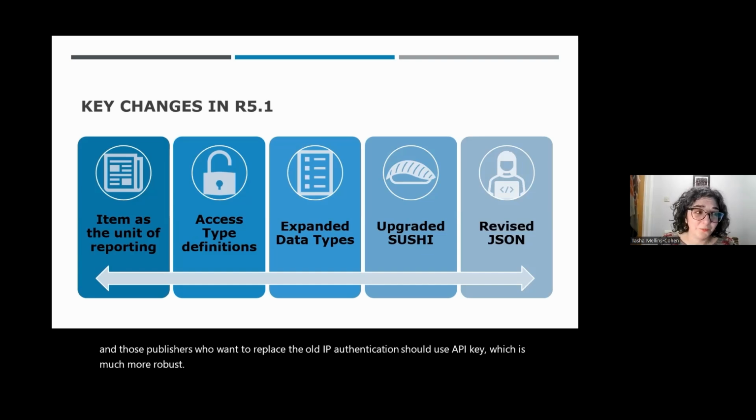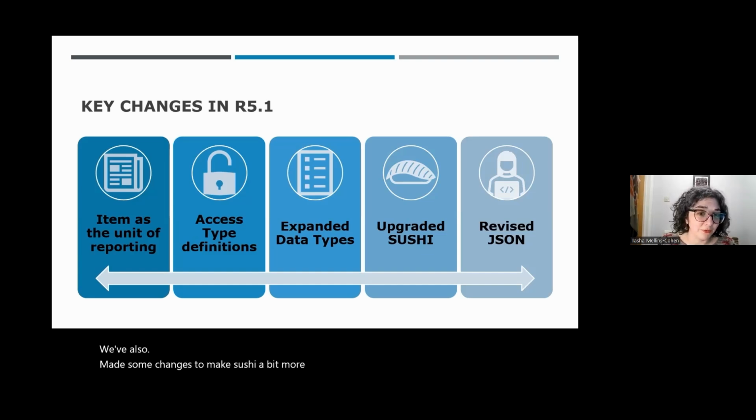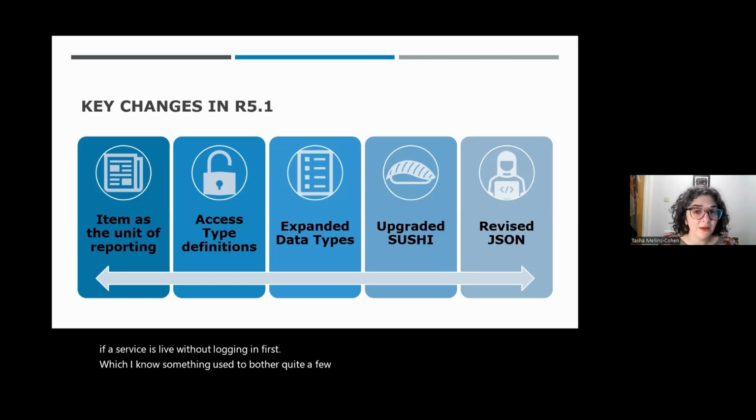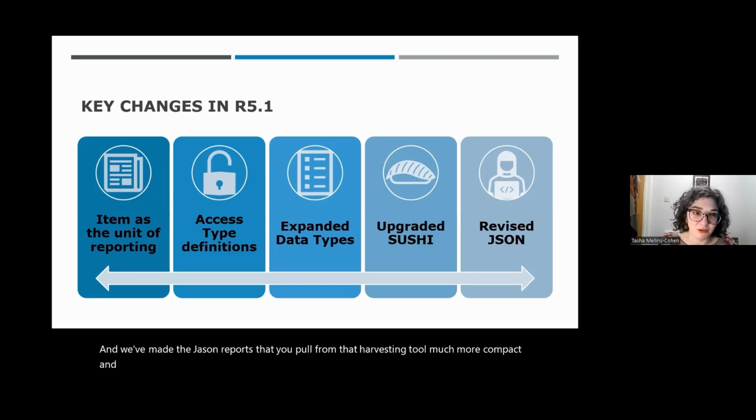We've also made some changes to make Sushi a bit more useful. So you can now, for example, check to see if a service is live without logging in first, which I know is something that used to bother quite a few people. And we've made the JSON reports that you pull from that harvesting tool much more compact and OpenAPI 3.1 compliant.